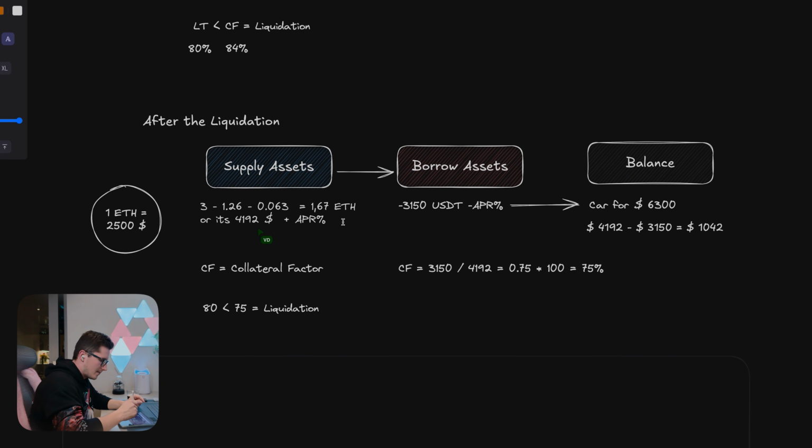And our debt is going to be 3,150, because the liquidator paid half of the debt for us, minus some APR.